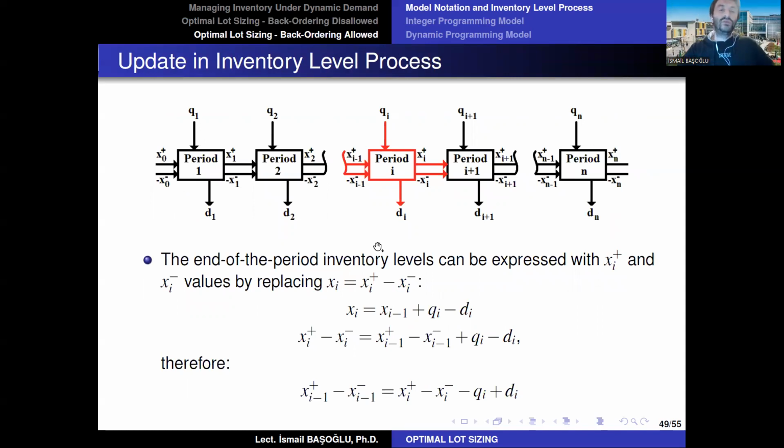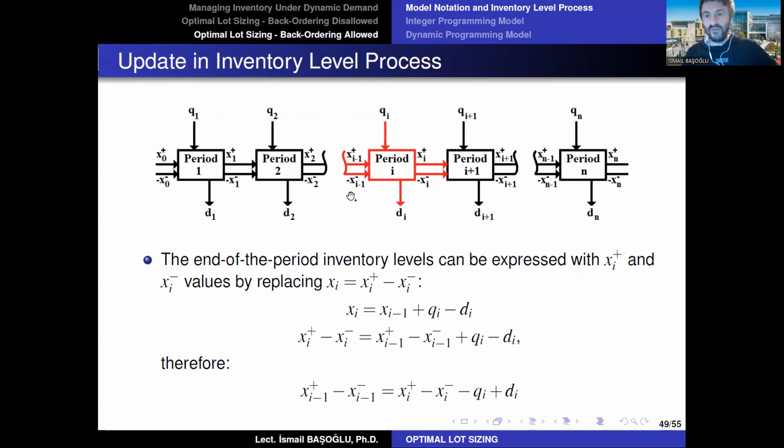Now, instead of introducing the ending inventory level of the previous period as a single component, we say that we have a positive inventory level in the end of the previous period and a negative inventory level in the previous period multiplied by -1, which means the backordered amount.